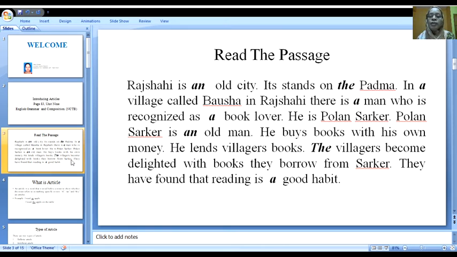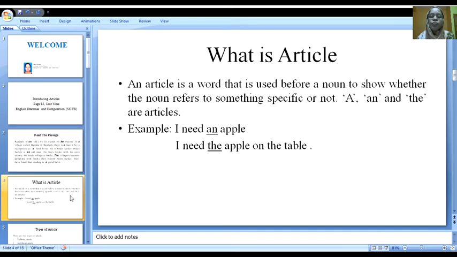So these words are called article. So what is article? What can we say? An article is a word that is used before a noun to show whether the noun refers to something specific or not. A and the are articles.